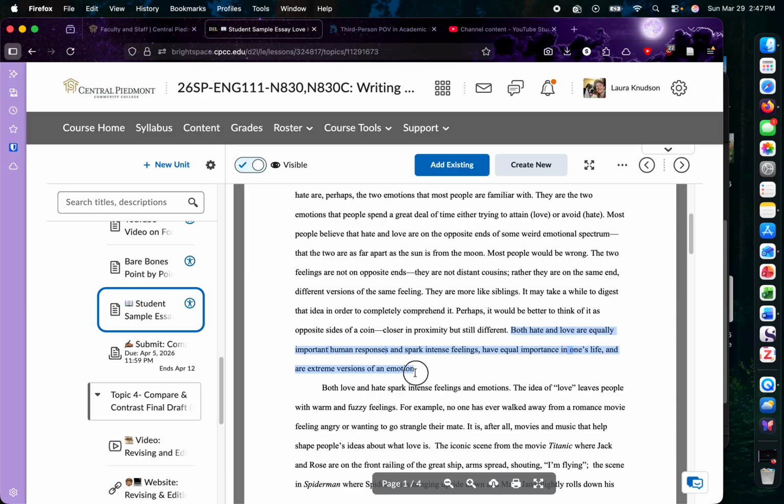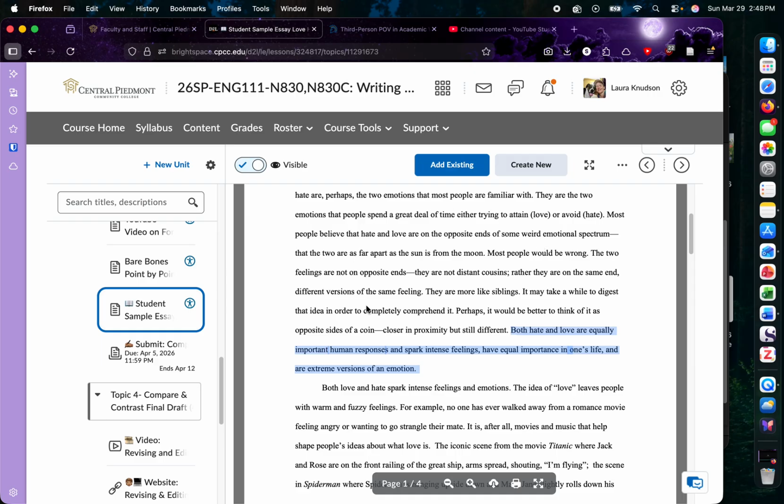Now you'll see, if you are familiar with how we like to structure academic writing, our thesis statement is essentially a roadmap. And it says we're going to talk about these three things in this particular order. And this person puts them in that order and has their very basic opening topic sentence for each of those paragraphs that does exactly that.